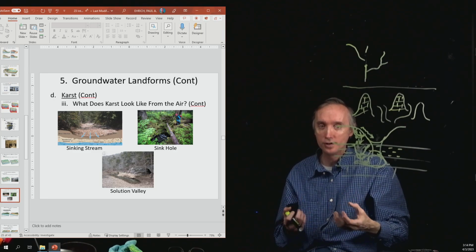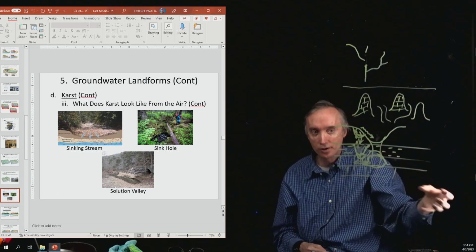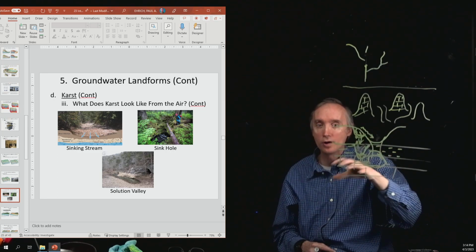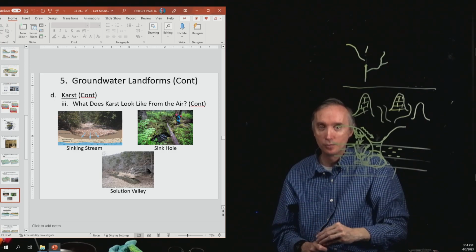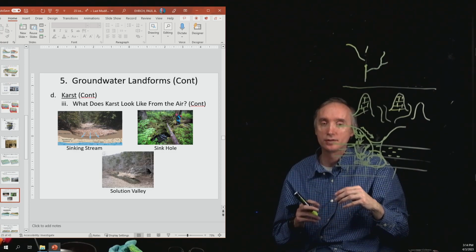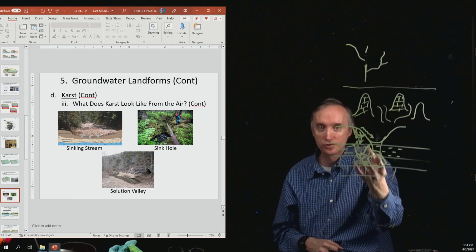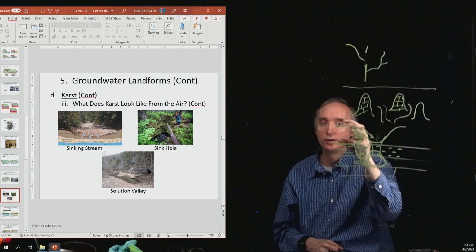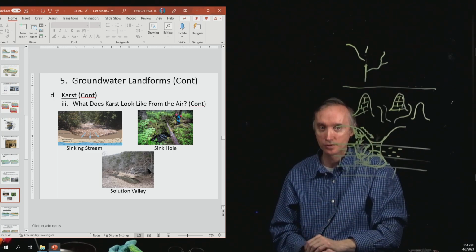So if water is coming into the cave system faster than the water can leave, then water will actually flow on the surface of the ground. But then as soon as it slacks off a little bit and the water can start to drain into the cave system, once again these river systems will become sinking streams.